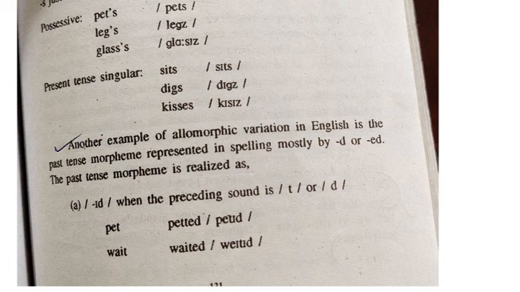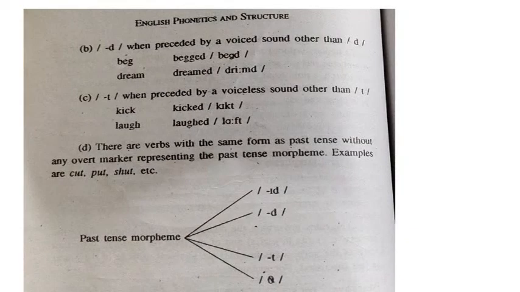And if the sound is d, it is when it is preceded by a voiced sound other than d itself. For example, beg, begged; dream, dreamed.